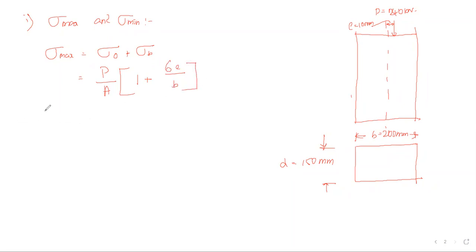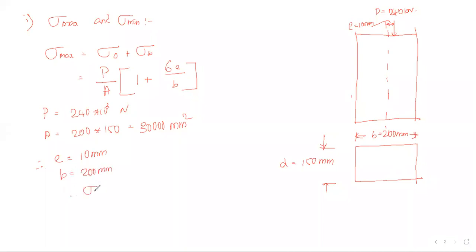Here P is equal to 240 into 10 cube Newton, area is equal to 200 into 150, so 30,000 mm square. E is given as 10 mm, and B is 200 mm.